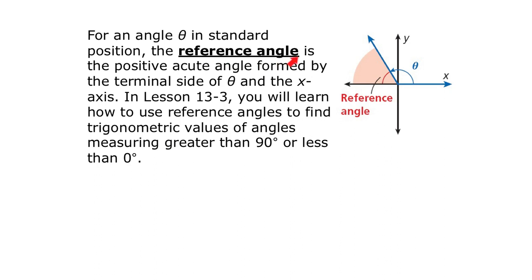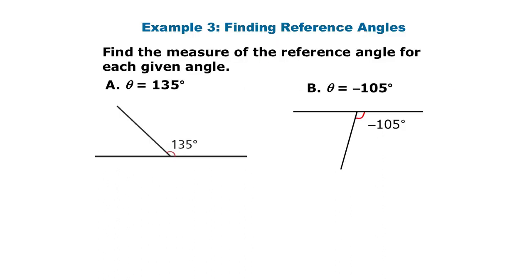In your book, when they refer to the reference angle right here, what they're referring to is the smallest value, that acute angle. How could we write that angle? It is always going to be 90 degrees or less because it's an acute angle. So in A here, this one right here is going to be the reference angle.